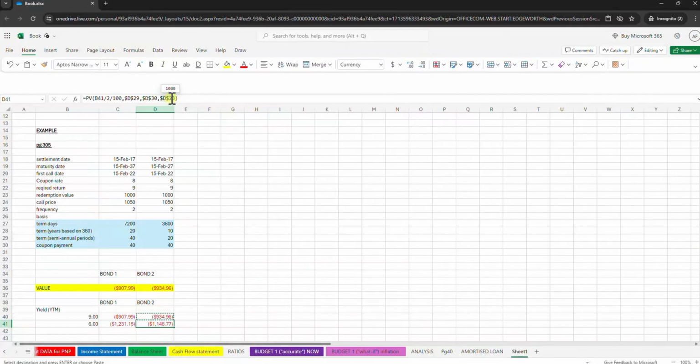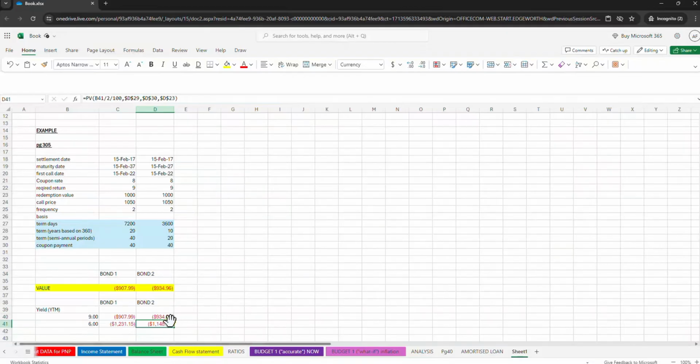Okay. Did I divide by 2? I did divide by 2. The coupon payment is twice a year. Oh, okay. Semi-annual periods, 20. All right. Do I have the right N here? 20. Yeah, it looks right.